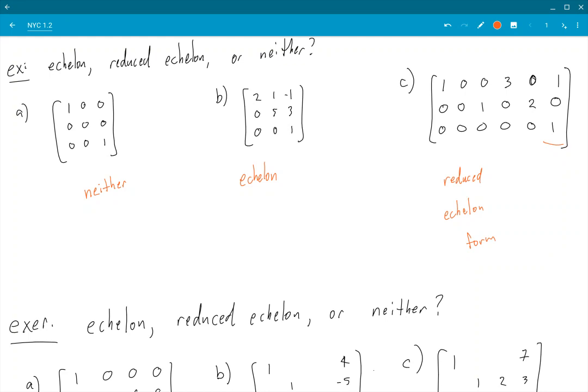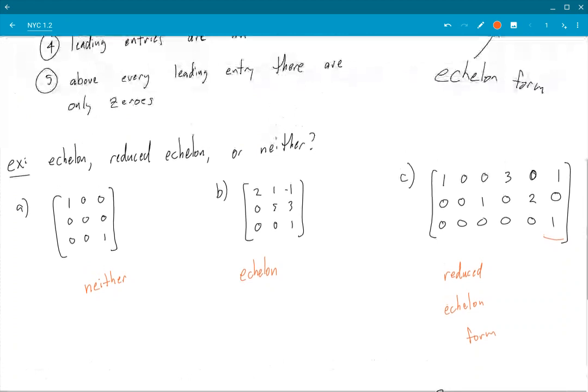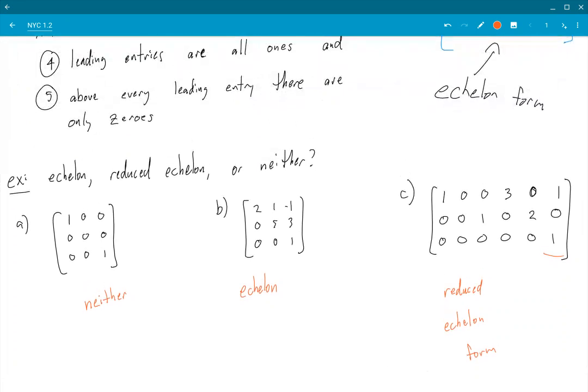But oh, I screwed up my check of the reduced echelon form. Okay, so for reduced echelon form, the leading entries are all ones. 1, 2, 3. Good. But the problem is above this leading entry, I have something that's not 0.